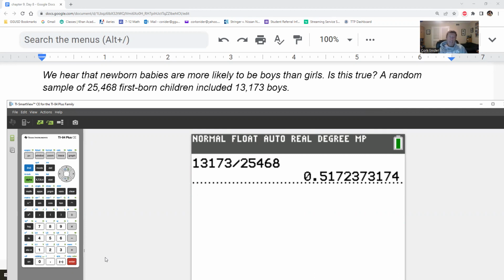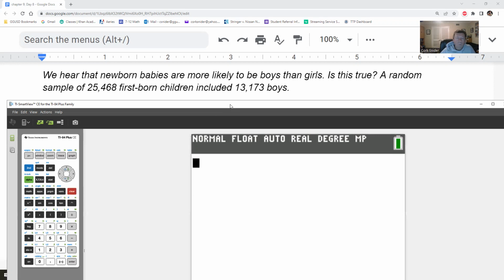That doesn't sound like it's a lot more than 50%, but with that big of a sample, I think it's probably pretty significant. The larger the sample, the less the discrepancy can be. So there's kind of a sense of it. Okay. So we seem to have more boys than girls in firstborn.